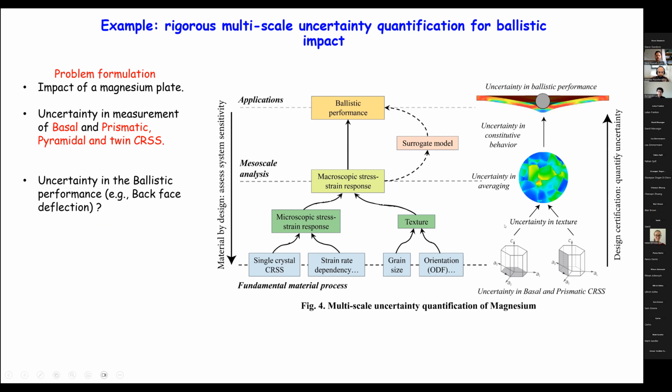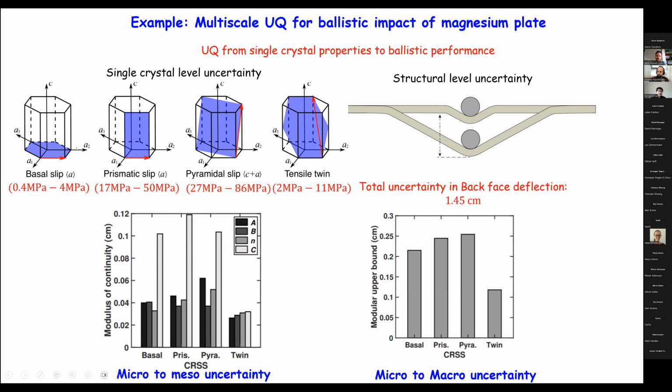At the bottom, in the most refined scale, we have uncertainties on the single grain strength. For example, we see uncertainties in the slip strength, the critical resolved shear strength on single crystal slip.